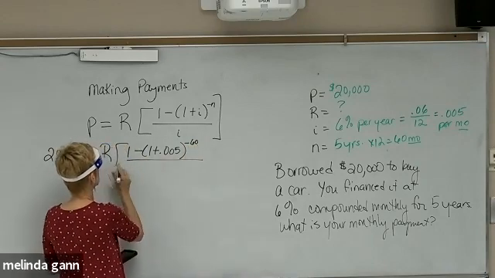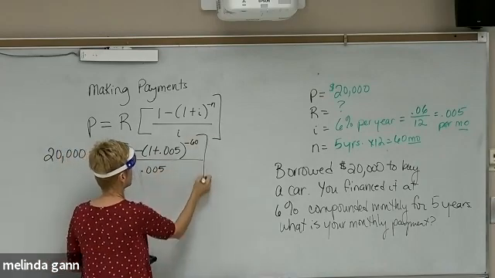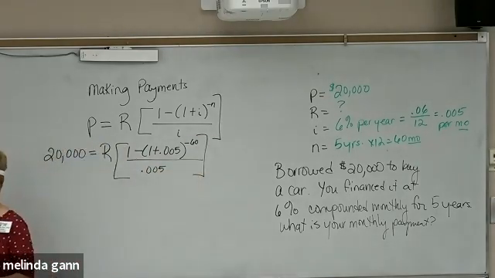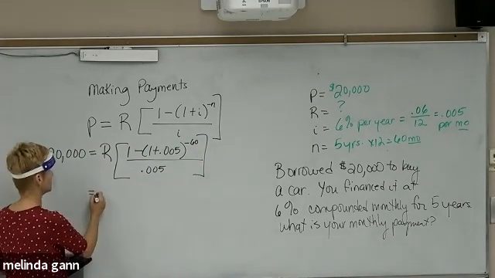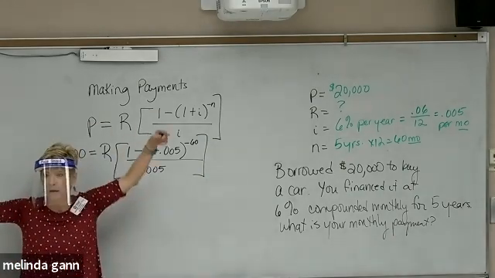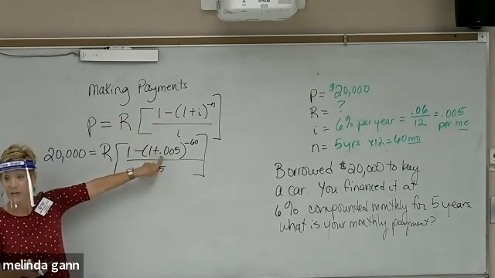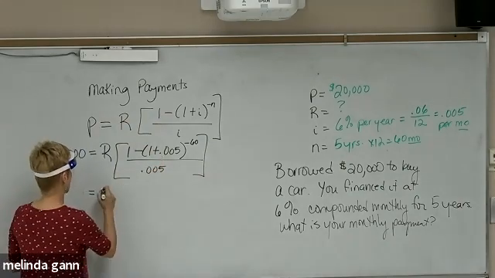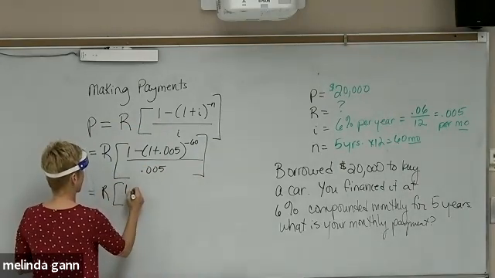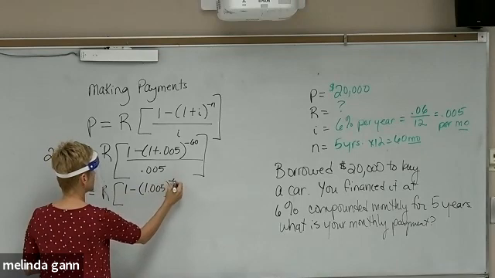And then all that's still over that same I, so 0.005. Did everybody get it plugged in correctly? Now, just like before, what's the first thing we always do? Parenthesis. I've kind of got parenthesis inside of a bracket, so remember, you go inside out. I want to add those two things first. So I've got that R, and I've got 1 minus 1.005 to the negative 60.